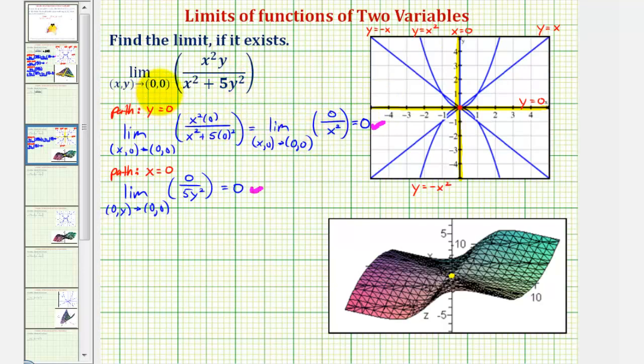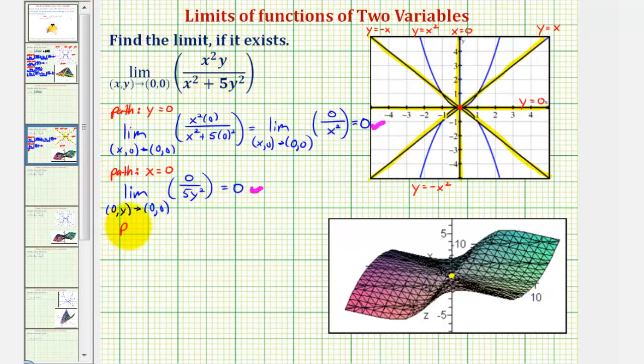Let's now approach the point 0 comma 0, or the origin, along the line y equals x, as well as the line y equals negative x. Again, if we determine one path that gives us a limit that's not equal to 0, we know this limit does not exist.